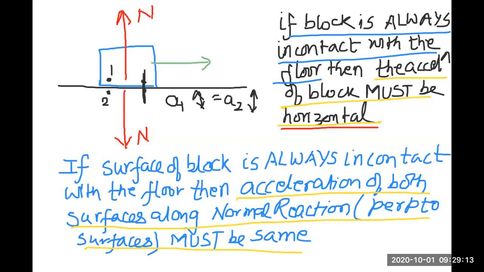I want you to do an experiment. Okay, I want you to do an experiment. So take a pen and keep it in your hand and keep your hand horizontal.